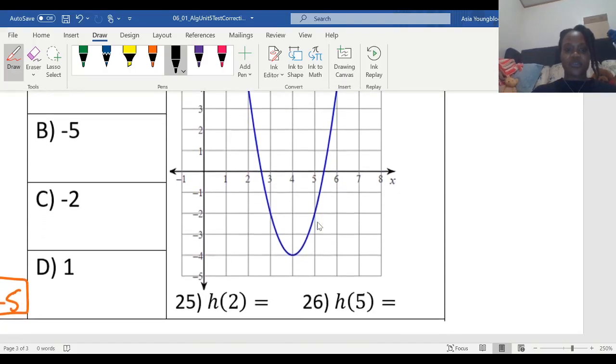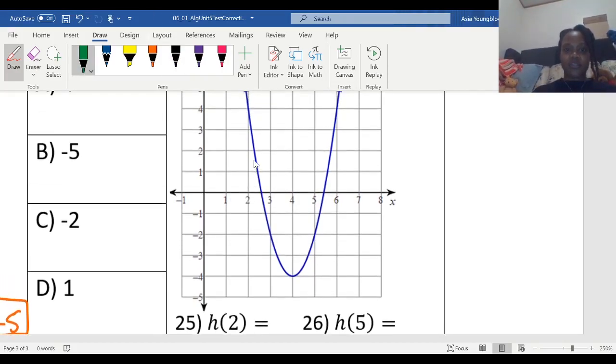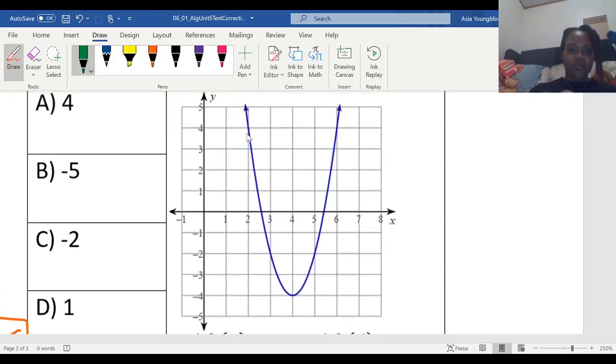Our next function, we're doing the same thing. H of 2. When x is 2, we have to go up to hit our graph, and we go up to 4.